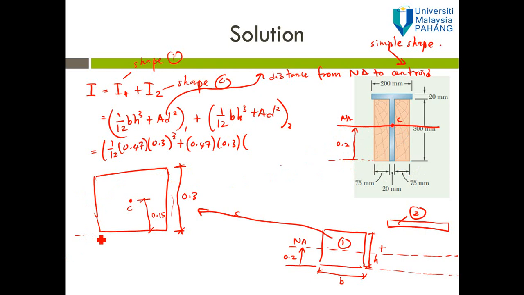So if this is the bottom surface, the neutral axis will be somewhere here, because here is 0.2.